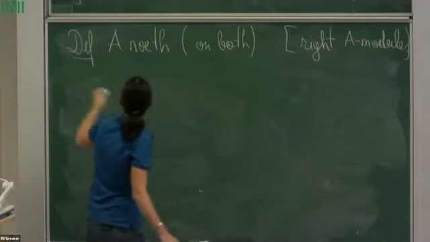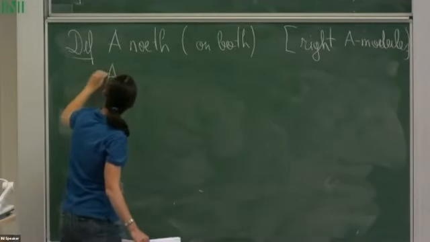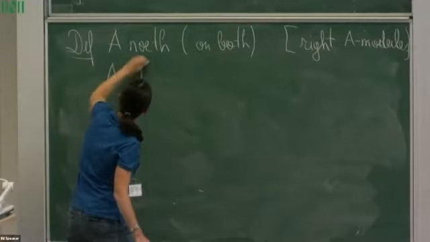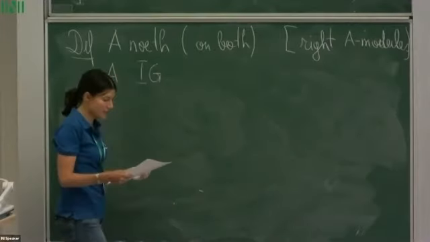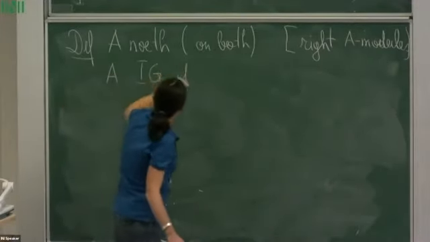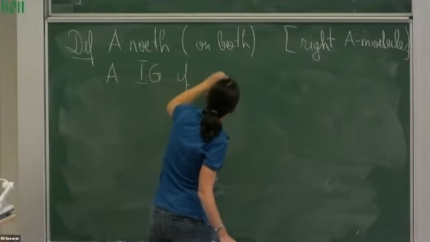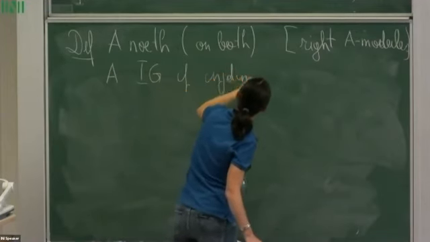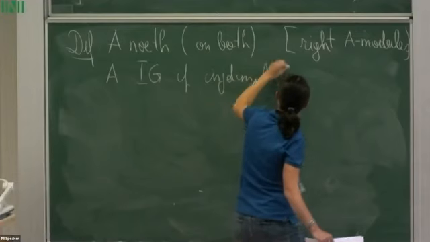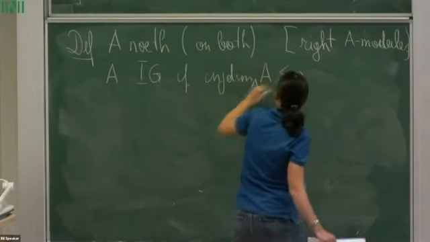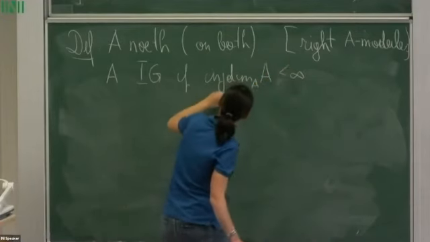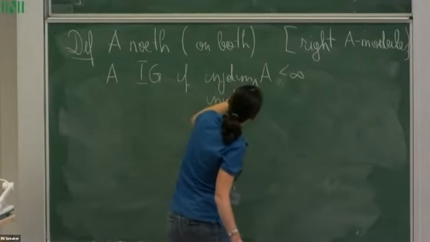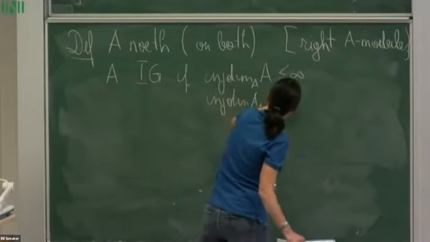And so A is called Iwanaga Gorenstein, I'll just abbreviate that with IG, if its injective dimension on both sides is finite, so right injective dimension and the left injective dimension.